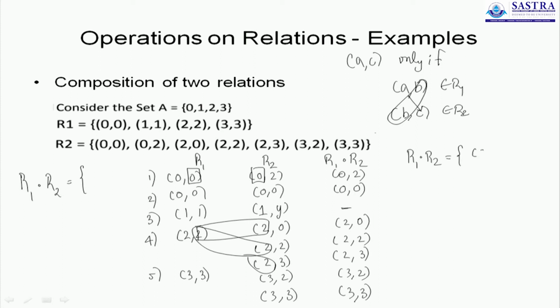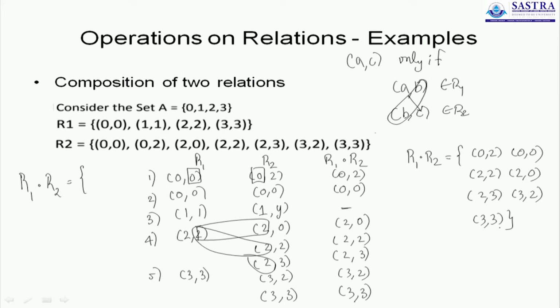What are they? 0 2, 0 0, 2 2, 2 0, 2 3, 3 2 and 3 3. We have these 7 pairs in the composition. All of them pertain to the condition defined on the previous slide, and only these 7 pairs can be included.